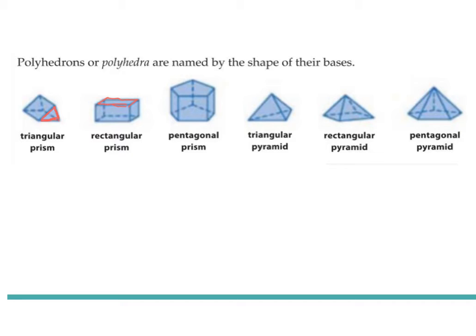We have a pentagonal prism because, again, of that 2D pentagon shape. Then we have a triangular pyramid. It's still like a pyramid, but the base is just a triangle. Then we have a rectangular pyramid because the base is the shape of a rectangle, and the pentagonal pyramid because, again, the base is the shape of a pentagon.